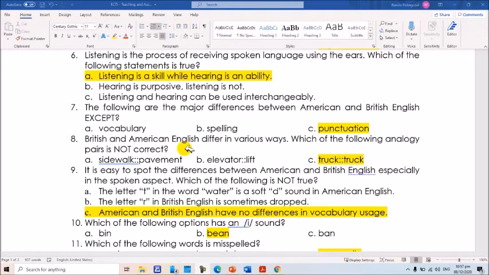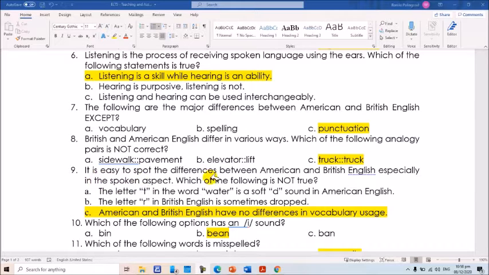British and American English differ in various ways. Which of the following analogy pairs is not correct? So A is correct, right? B as well is a correct pair. C is the incorrect pair. So this one is the answer. Truck for American English. A truck is a lorry in British English.